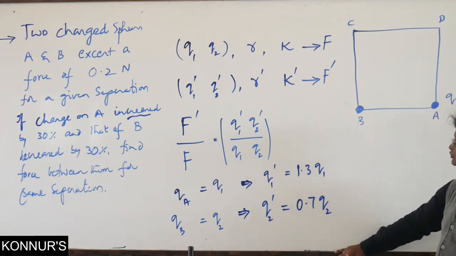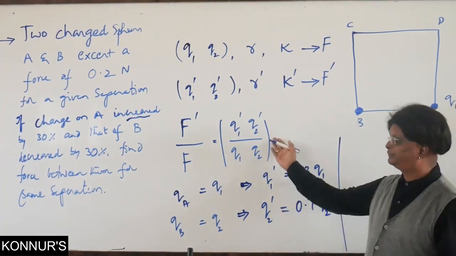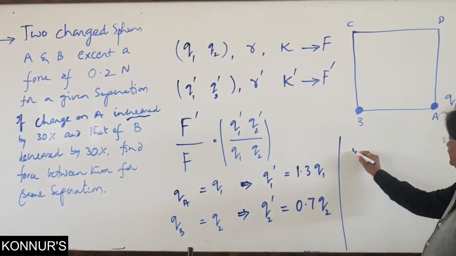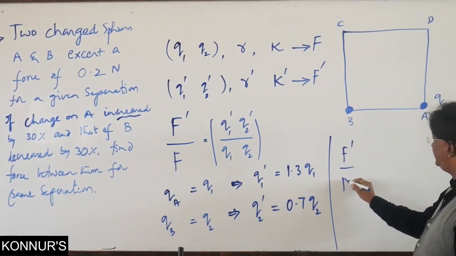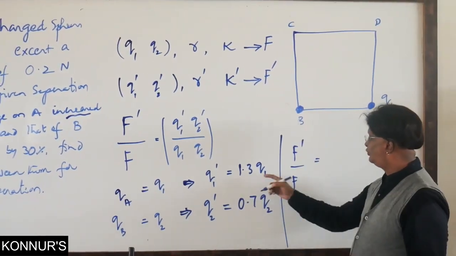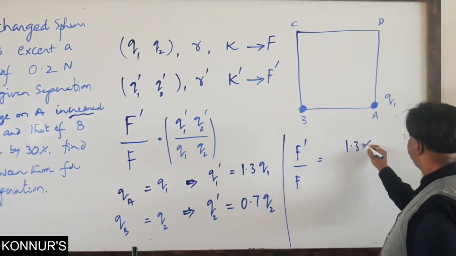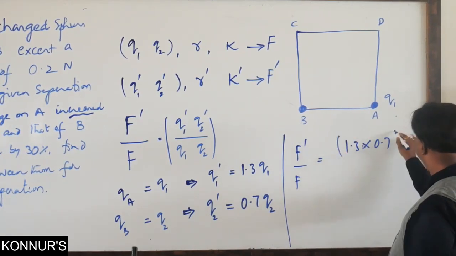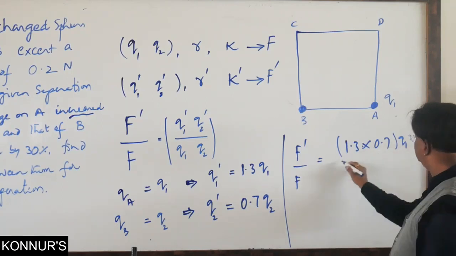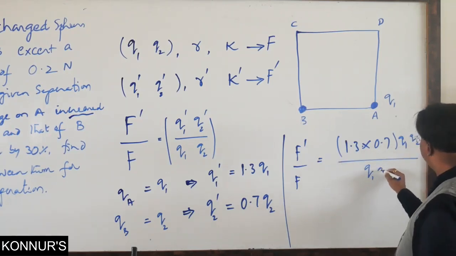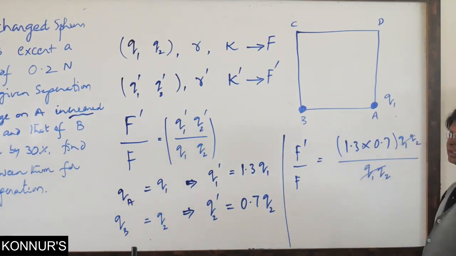Now let us just substitute the numbers and get the answer. Therefore now F dash by F is 1.3 times 0.7 Q1 Q2 in the numerator, and in the denominator you have Q1 Q2. Yes, cancellation.